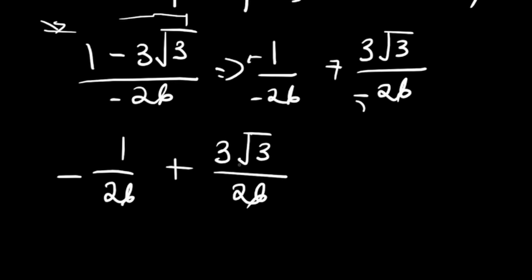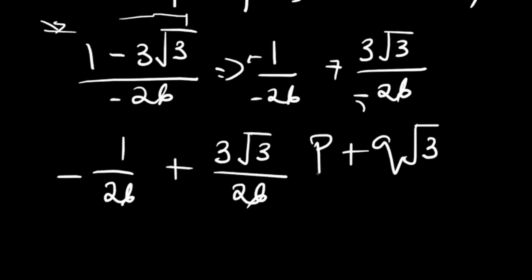Okay, correct. Now here right now, let's now identify. Remember, they say we should express this in the form of P plus Q root 3. Now, what does this imply? This simply means that the number attached to the root 3 is our Q. Okay?